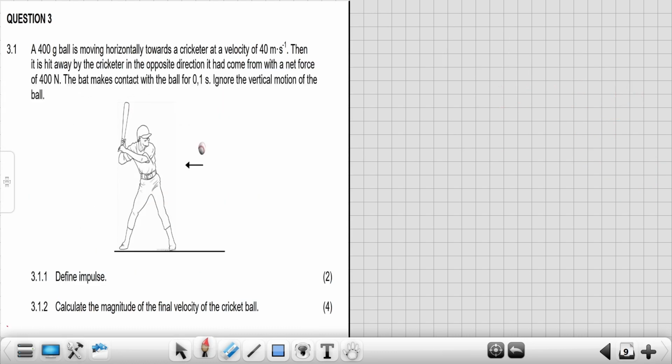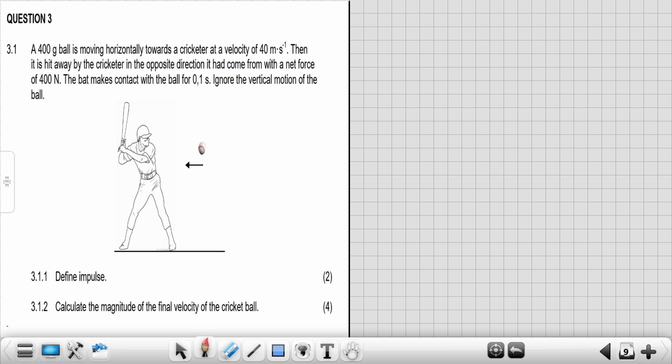So the second one we have here is 3.1. A 400-gram ball is moving horizontally towards a cricketer at a velocity of 40 meters per second.